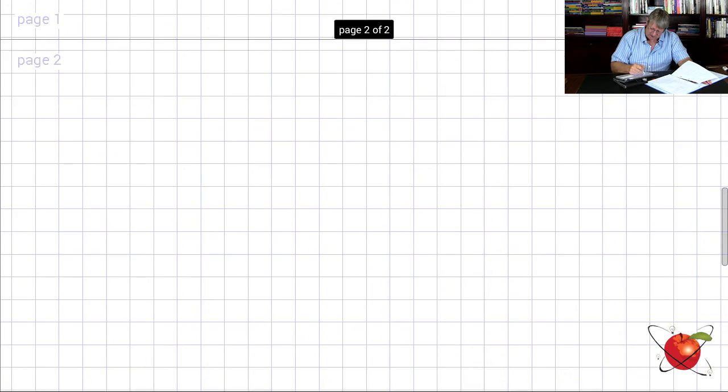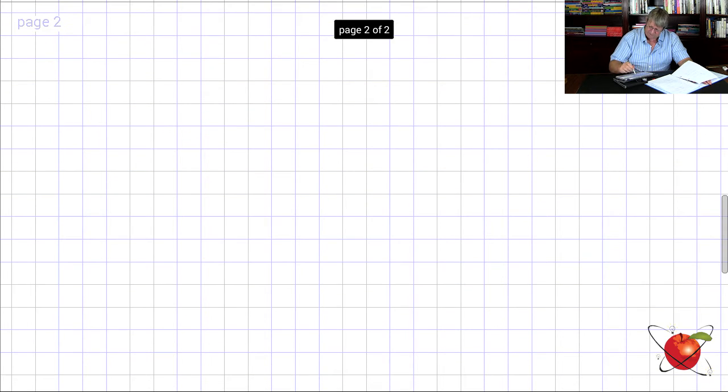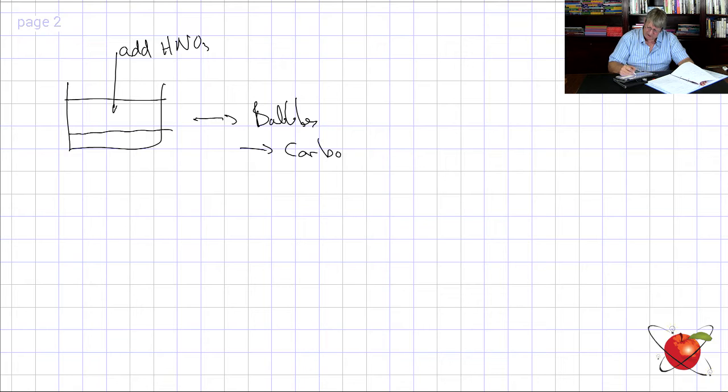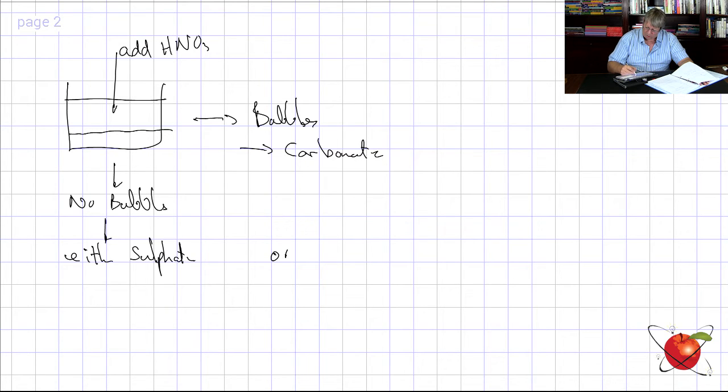If we add to an unknown, and let's say we've got a precipitate in there, we add a few drops of HNO3, and we get bubbles, then it was a carbonate. But if we get no bubbles, then it means it was either a sulfate or a halide.